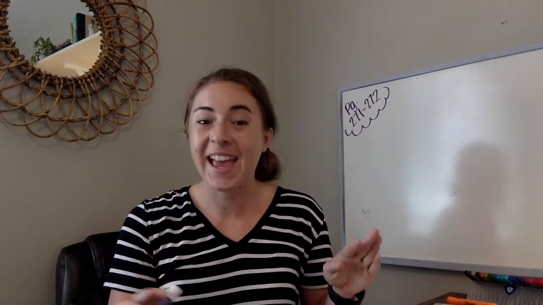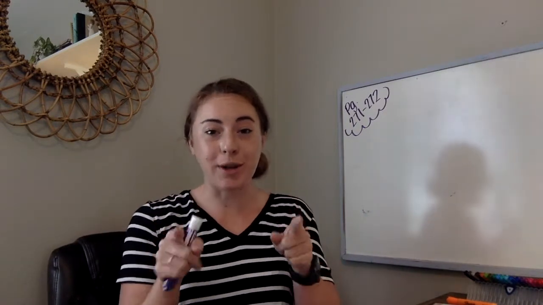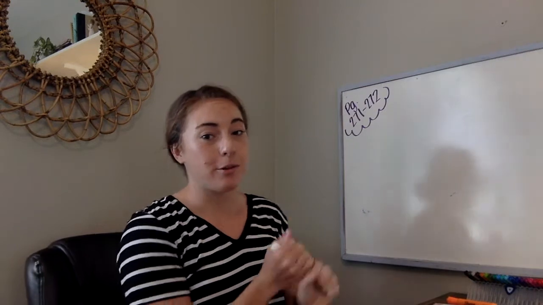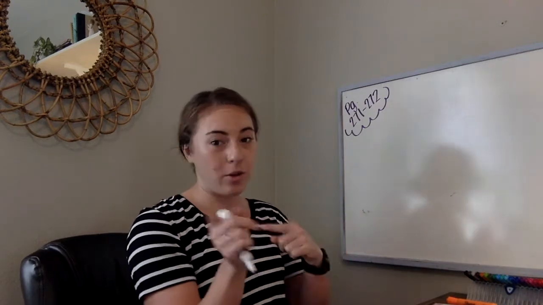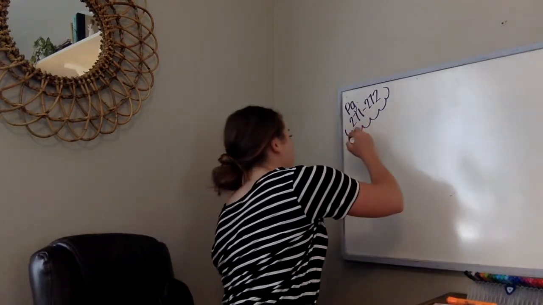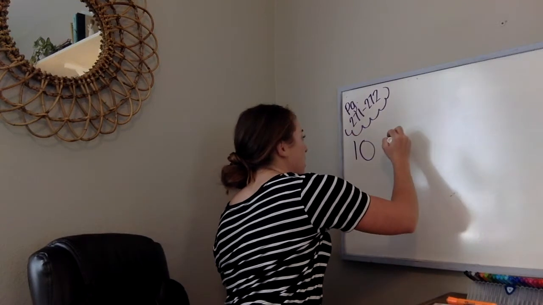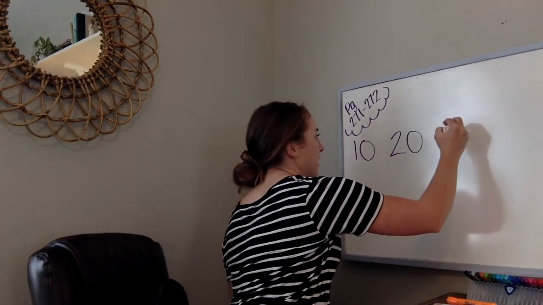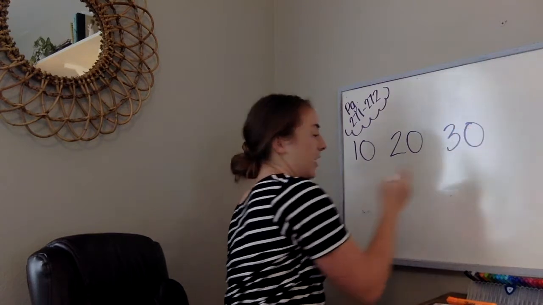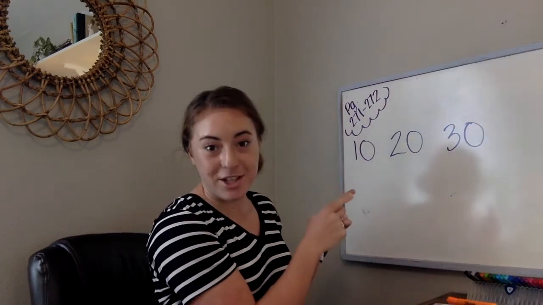So by now, if you push play, that should mean that you're all done writing your numbers by yourself. And now you're ready for me to show you how I wrote my numbers. So remember, we're counting by tens all the way to 100. So I have 10, 20, 30. How do they look so far? Are they matching yours?